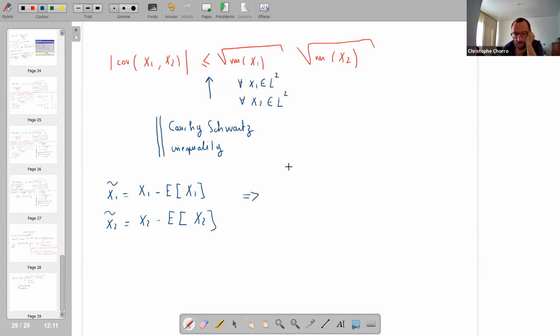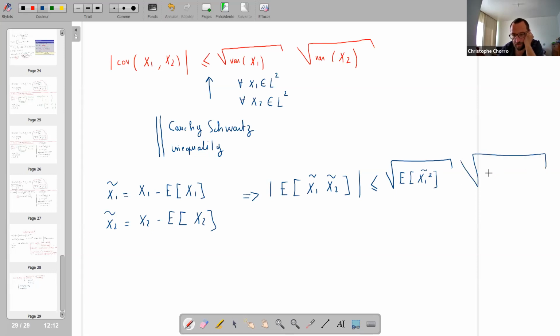Given these notations, I have the covariance, that is just the expectation of x1 tilde, x2 tilde, that is less than the square root of the expectation of x1 tilde square, times the square root of the expectation of x2 tilde square.